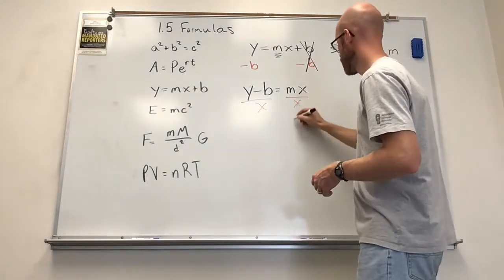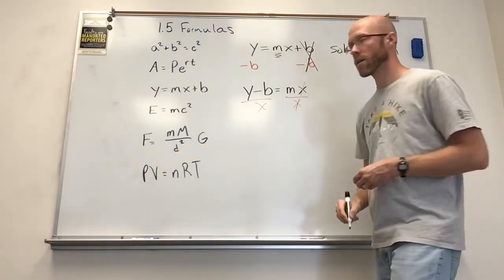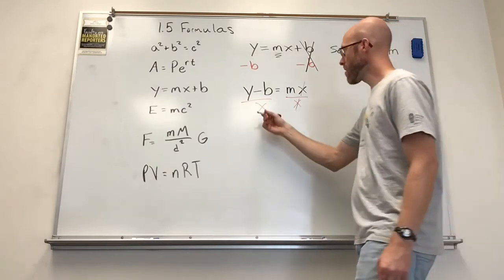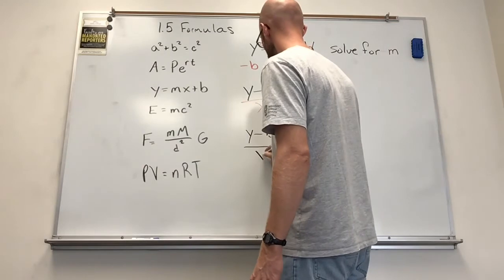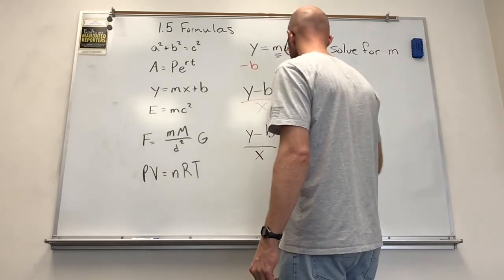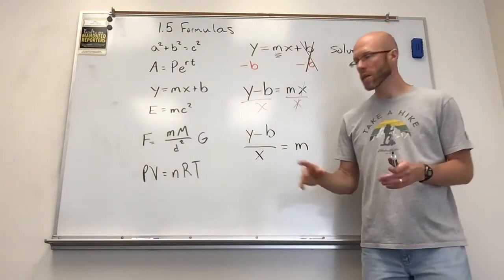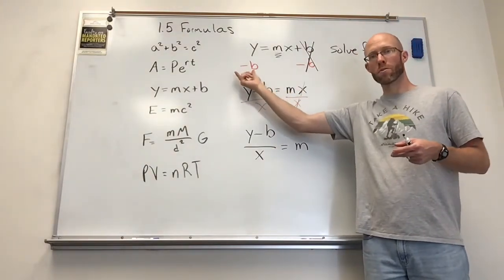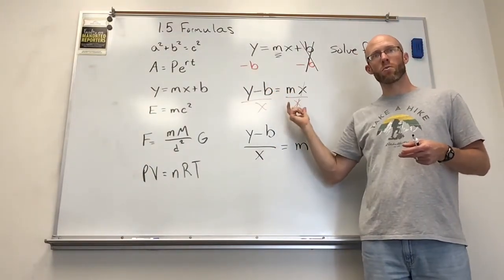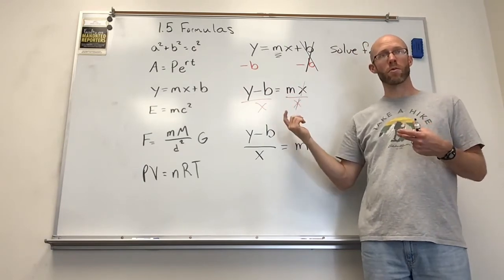The x's cancel on the right. And then on the left, I'm left with y minus b all over x is equal to m. Again, we're treating the variables like numbers, so we can use all the principles of equality with the variables, just like we would with numbers.